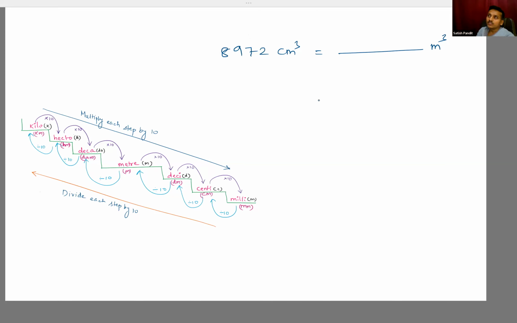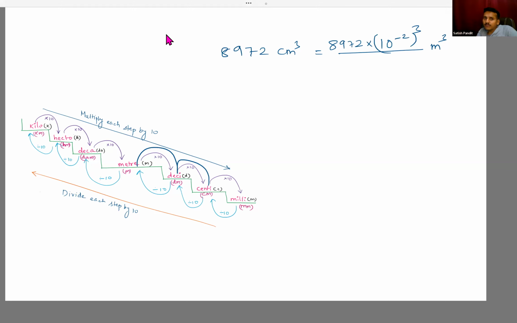All of you listen. So we have 8972. See, centimeter to meter is a jump upwards. Upward jump means 10 to the power -2, and to the power 3 because it is cubic.